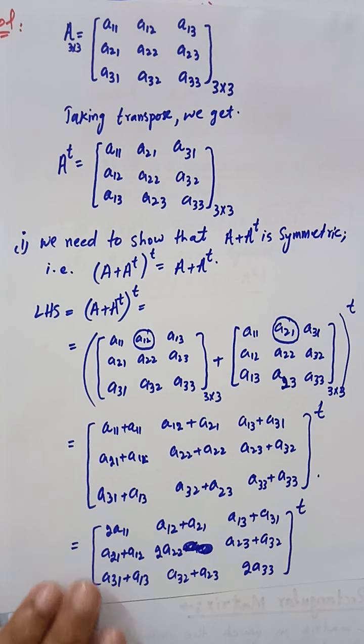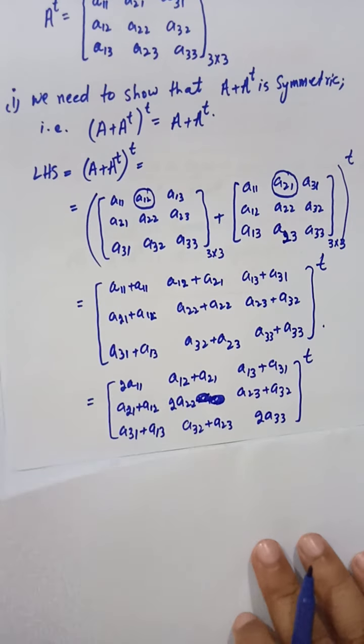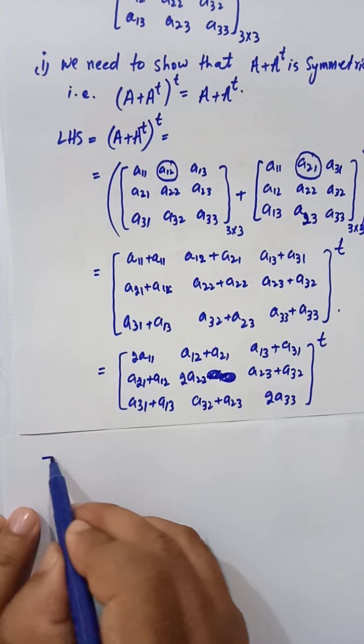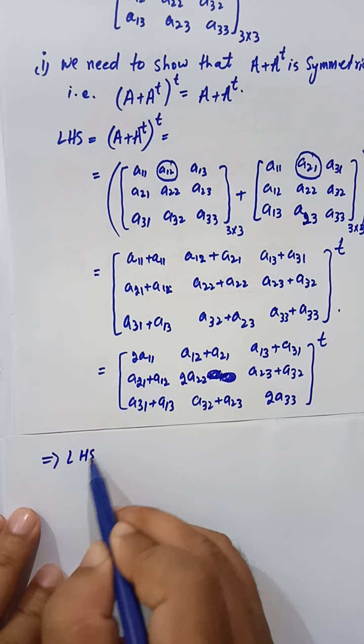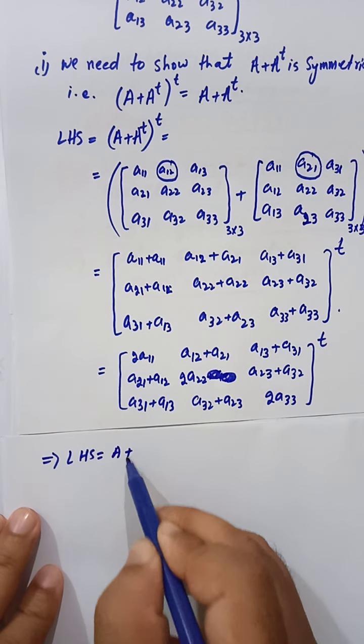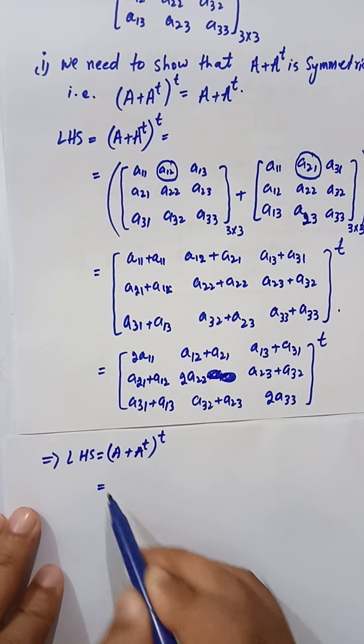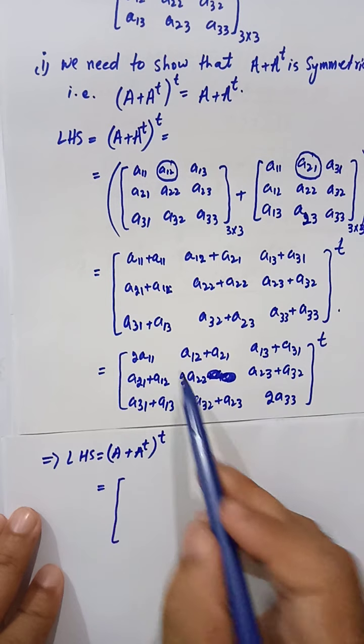So the left hand side, which is actually (A plus A transpose) whole transpose, will be equal to taking the transpose of this.